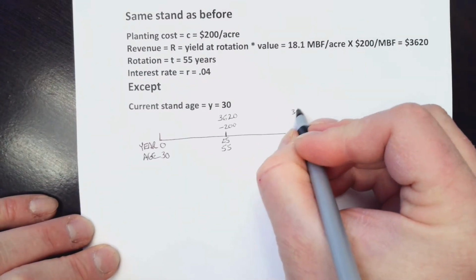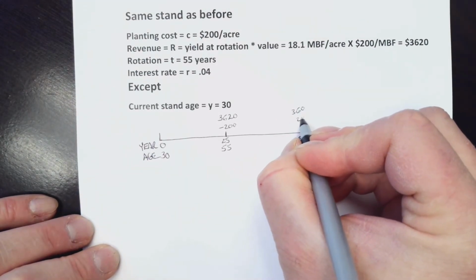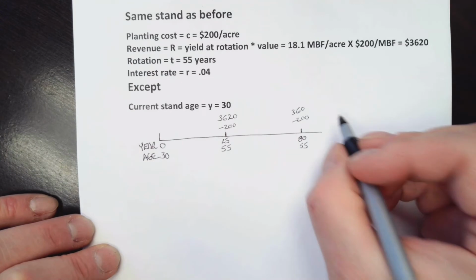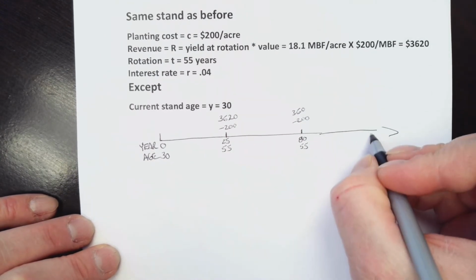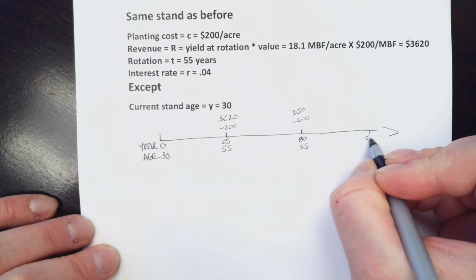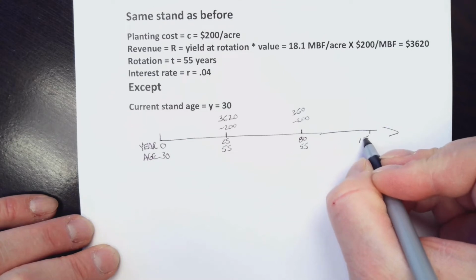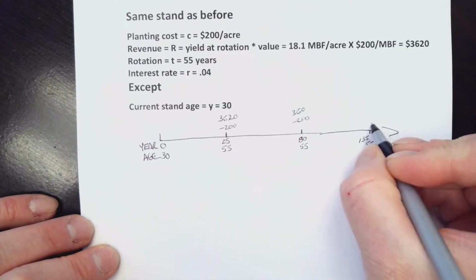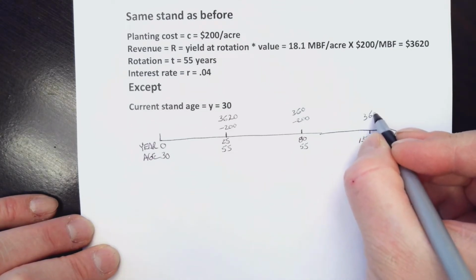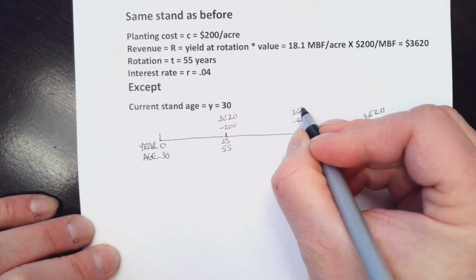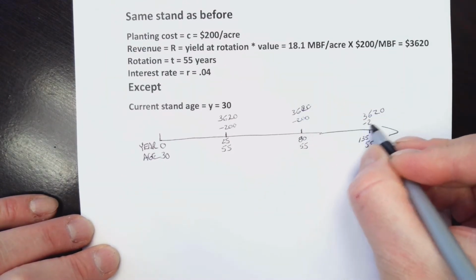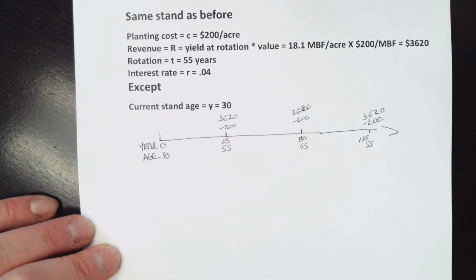We have another 3620 and 200. We got to plant it, we cut it, and that will go on and on. Another 55 years into the future would be 135, and we're going to have a 3620, minus 200, on and on and on.